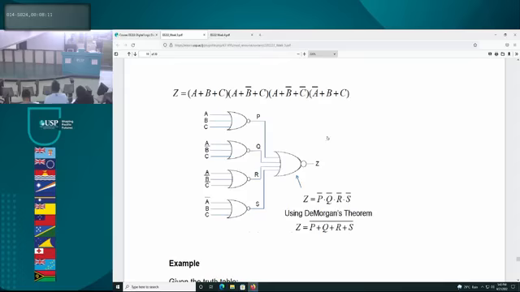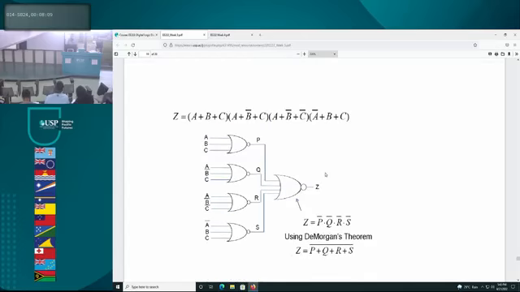You can convert that to NOR as well. Same concept applies. NAND, NOR, same thing. All using De Morgan's. If you look at theorem 13, there were two versions, one is the NAND version and one is the NOR version.